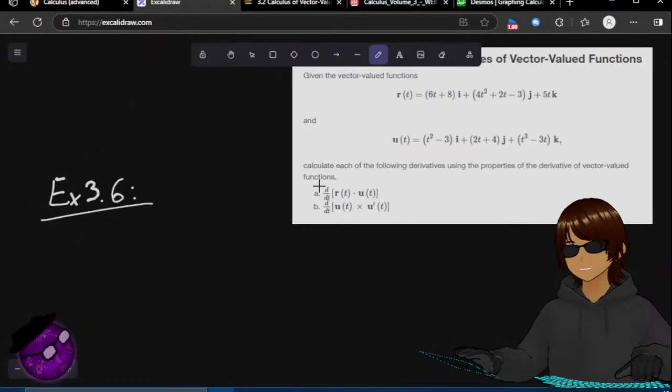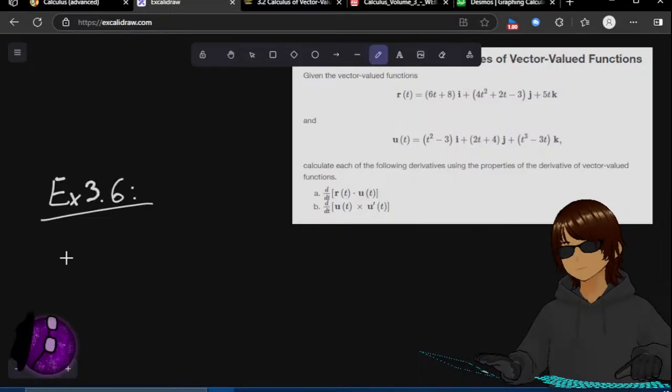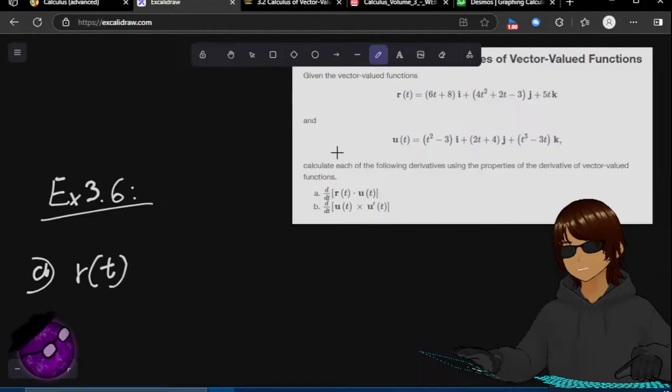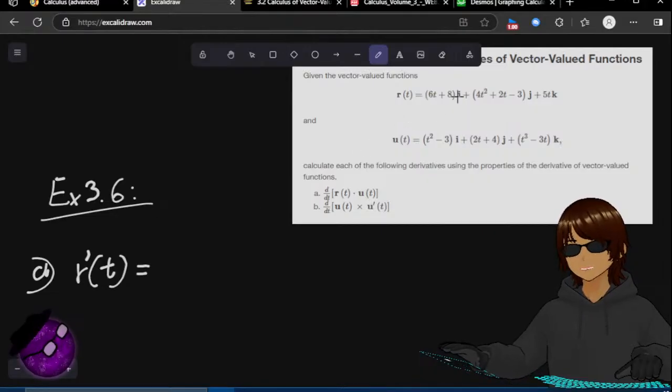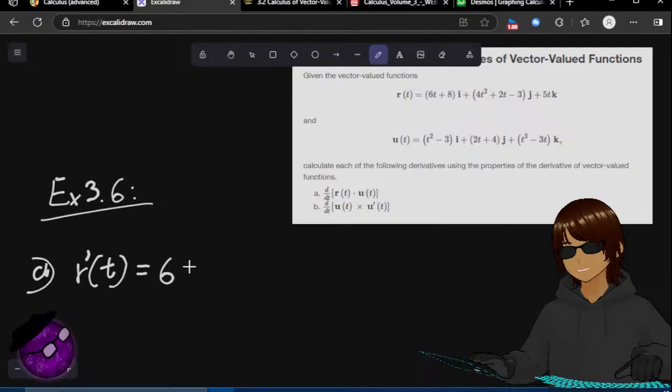Example 3.6. So the derivative of these two would be, let's just find the derivative of this. The derivative of each one: for 6t plus 8, the derivative would just be 6.